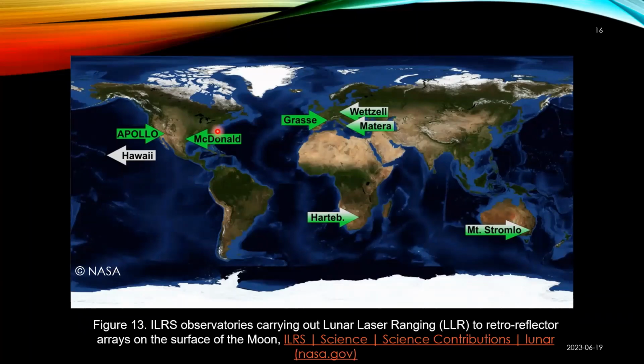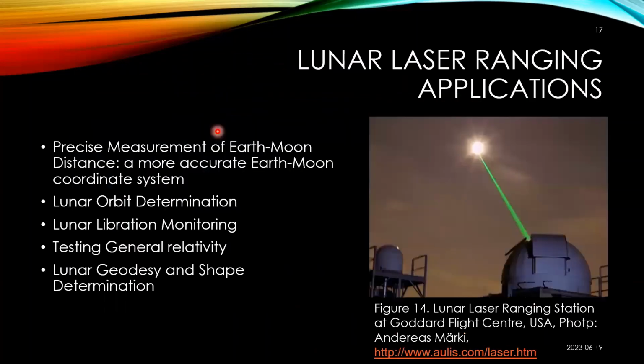There are not too many, there are few, but they are active, they are working. So mainly this LLR technique is for the measurement of the Earth-Moon distances, for determining the coordinate system between Earth and Moon, or some dynamics of the Earth and Moon system.